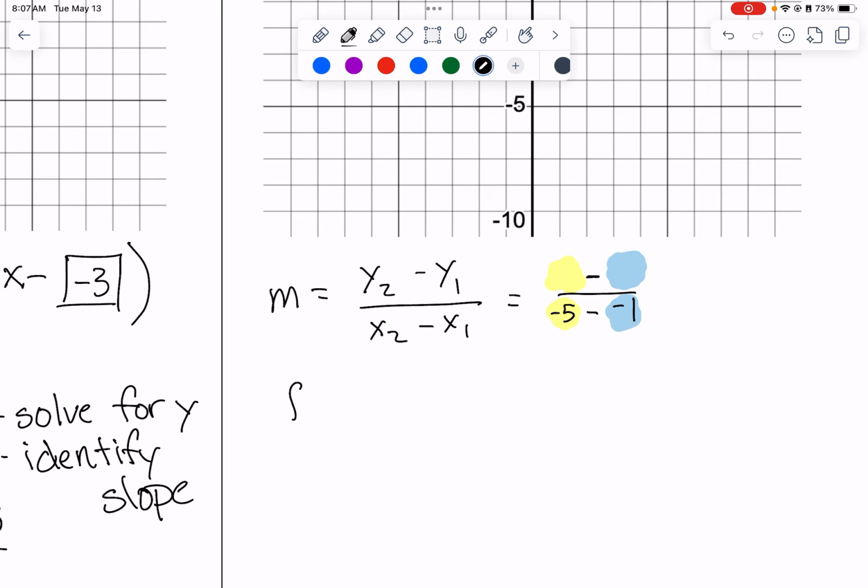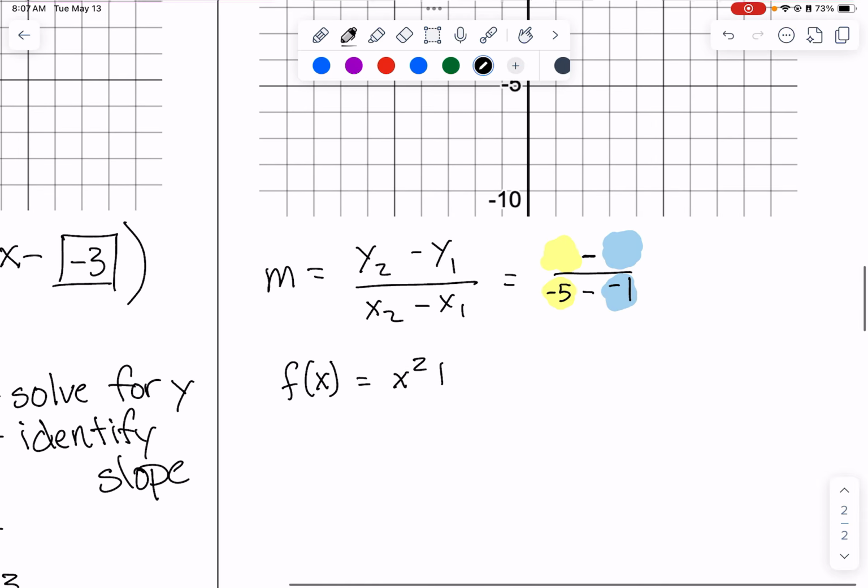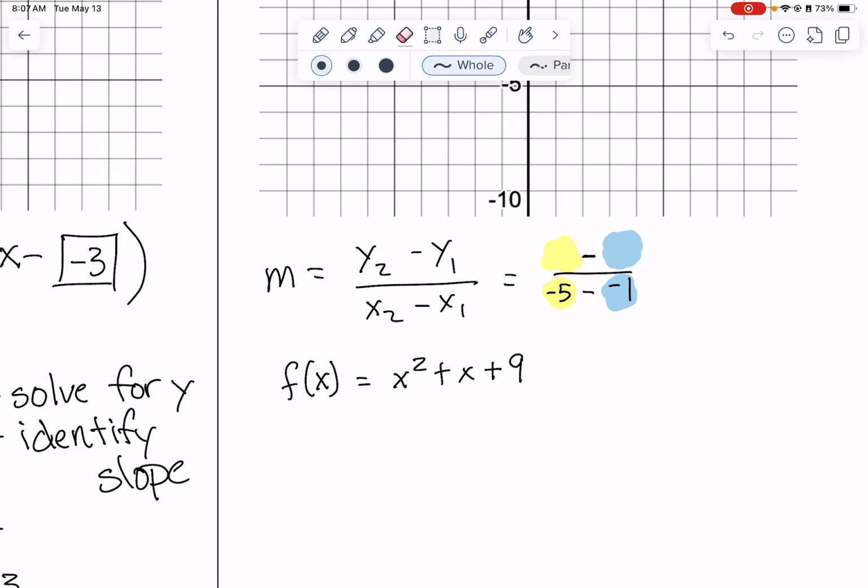So our equation says in this function format, x squared plus x plus 9. What we do is we plug in the x values.